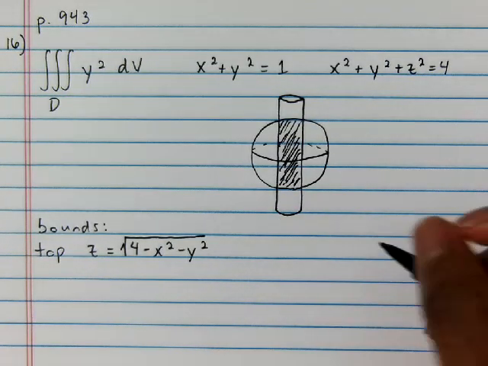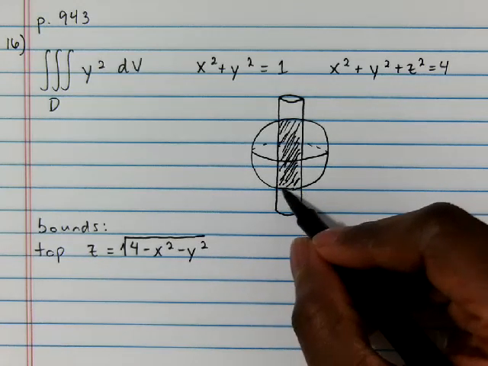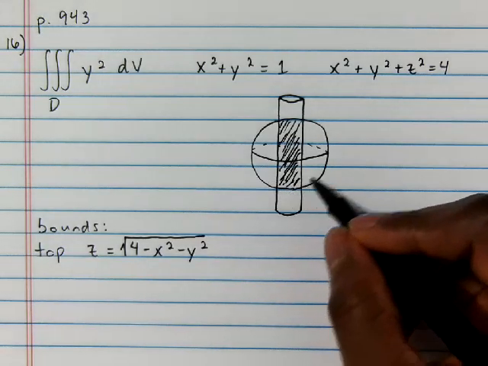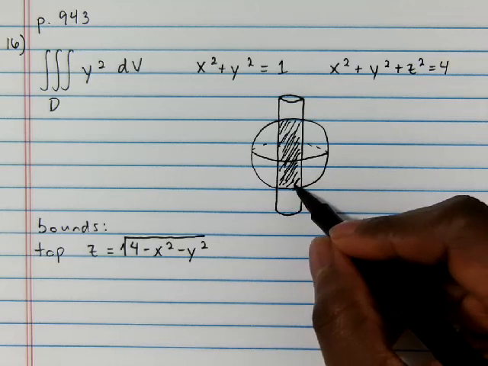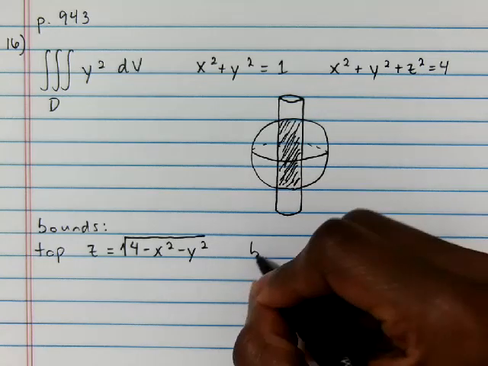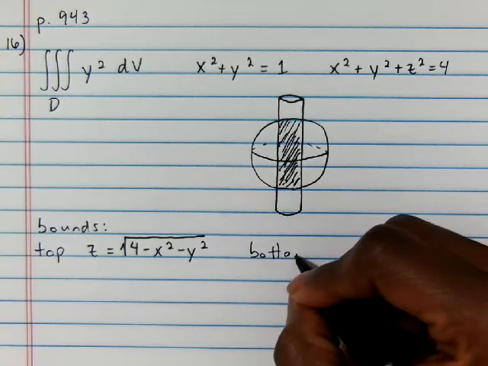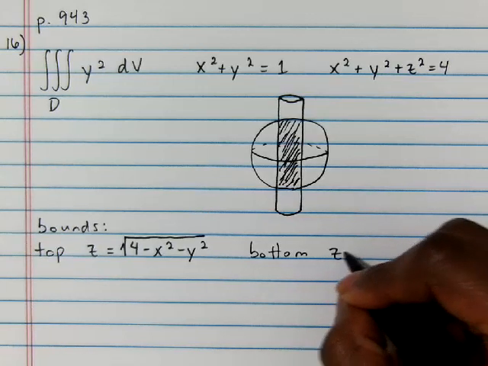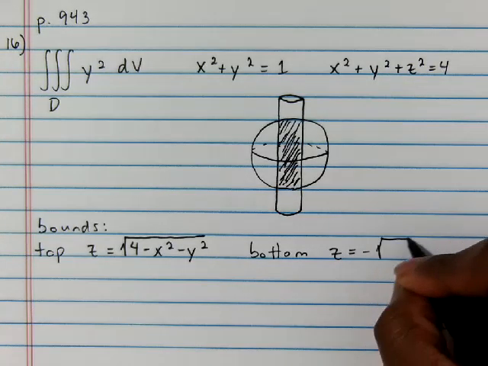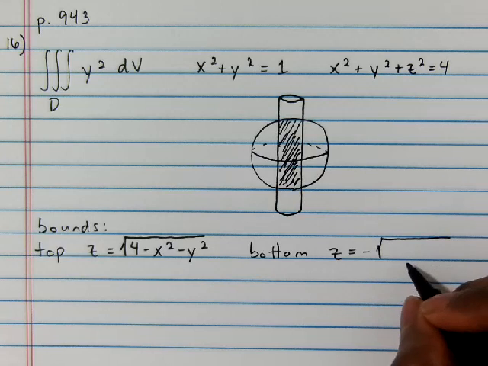And then our bottom is going to be down here. We're going to write the whole thing, but we'll restrict it to this when we handle our sides again. So the bottom is z equals negative square root of 4 minus x squared minus y squared.